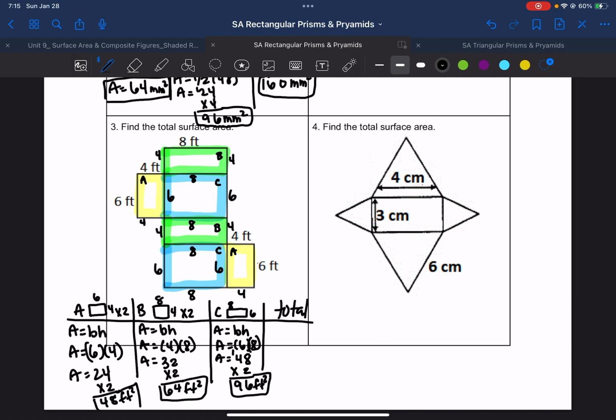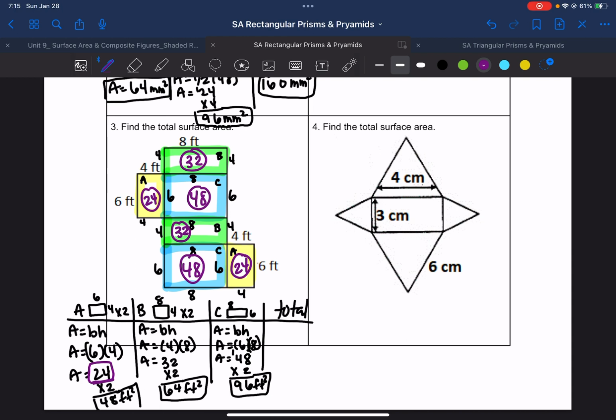Okay, now think back. If I write this, and I'm going to do this in purple so that you can see. Okay, A was 24 here. Now I'm going back to this original number that I got, the area of 1. Okay, the area of 1 rectangle B is going to be 32. And the area of 1 rectangle C is going to be 48.